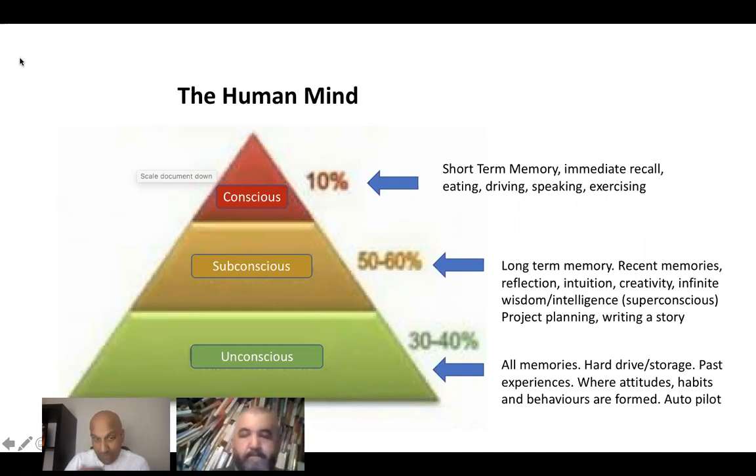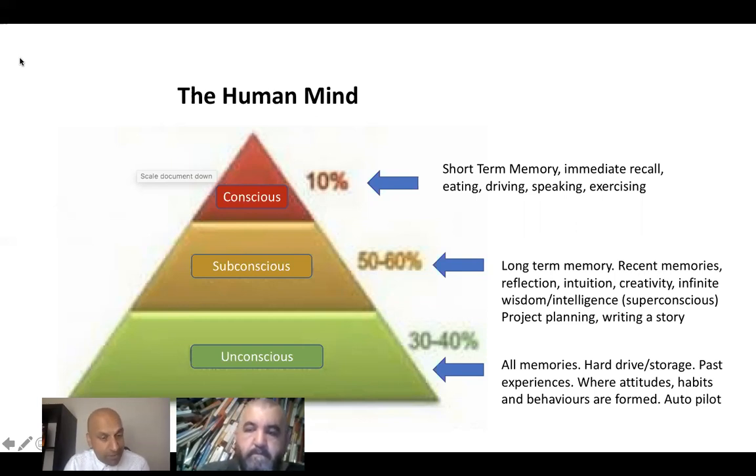These are all activities where I'm operating within the conscious mind, and also doing exercise. To do exercise, you've got to think, well, I'm now going to do some exercise, and then you go and do it, but you do it consciously, fully aware of what you are doing.